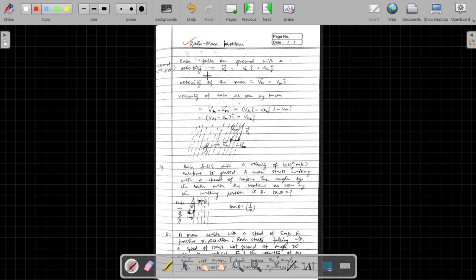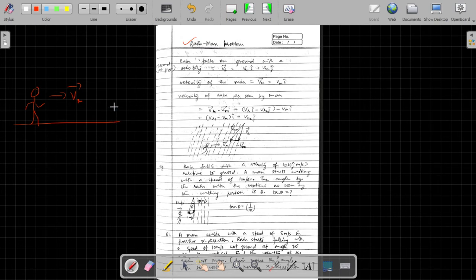So let us start. As the name suggests, the problem is related to the rain and a man. Let us say you have a man, and the man is moving with some velocity Vm on a horizontal surface.